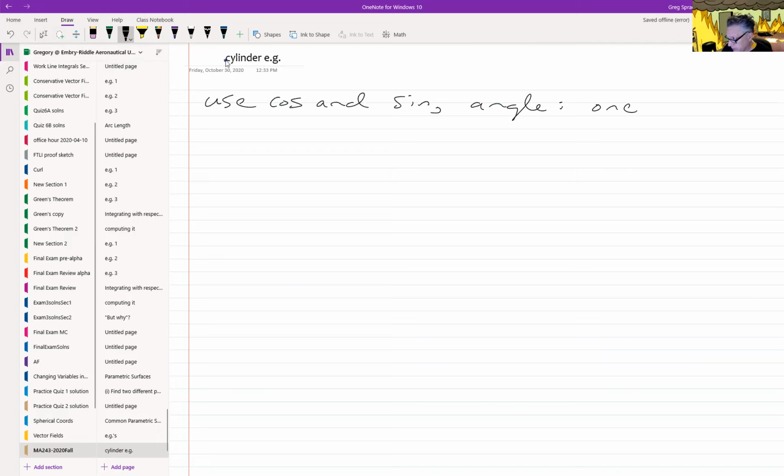And the angle should be one of the variables. For a cylinder, the radius is constant, so it's not polar coordinates. But you should use cosines and sines for one of the variables.